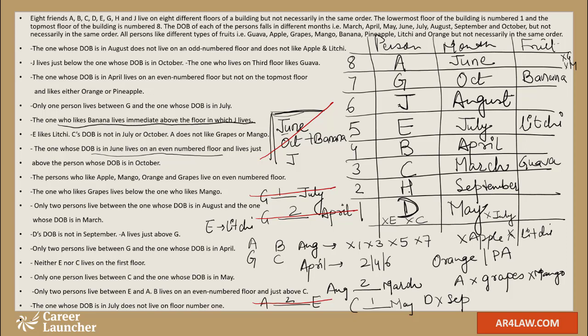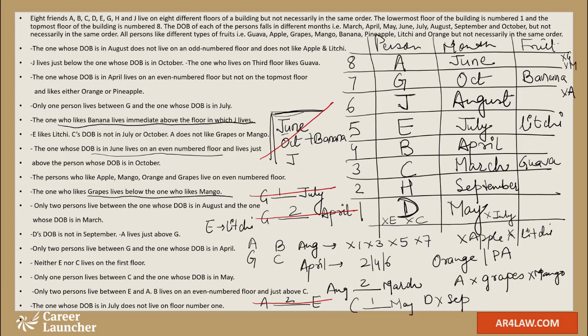Now we have to match the fruits for the remaining floors. Someone whose birthday is in August does not like apple. Lychee has already been allotted. And there was one more piece of data, that the one who likes grapes lives below the one who likes mango.